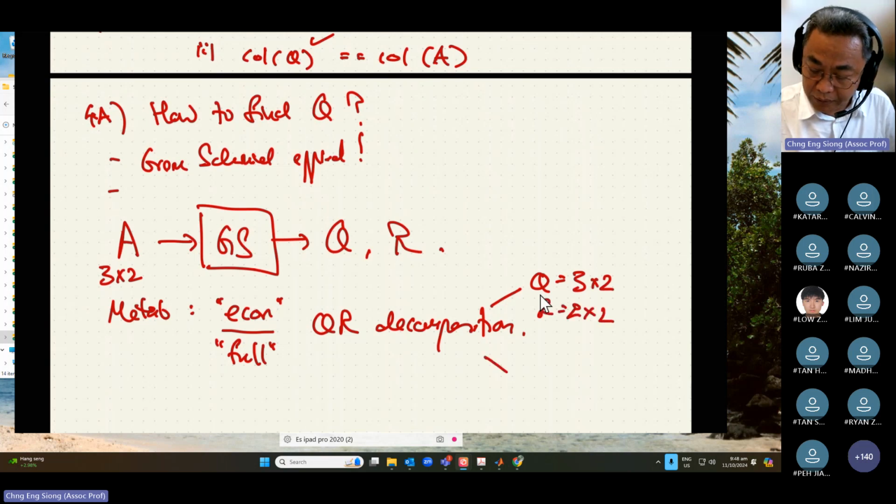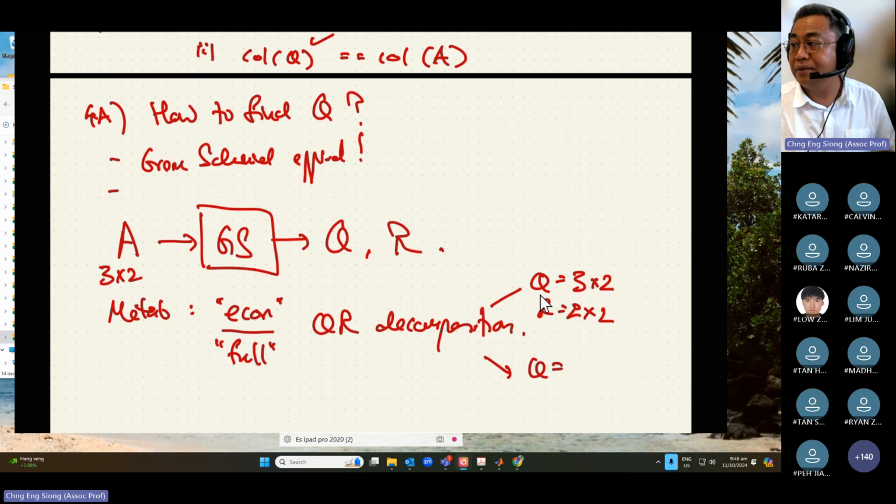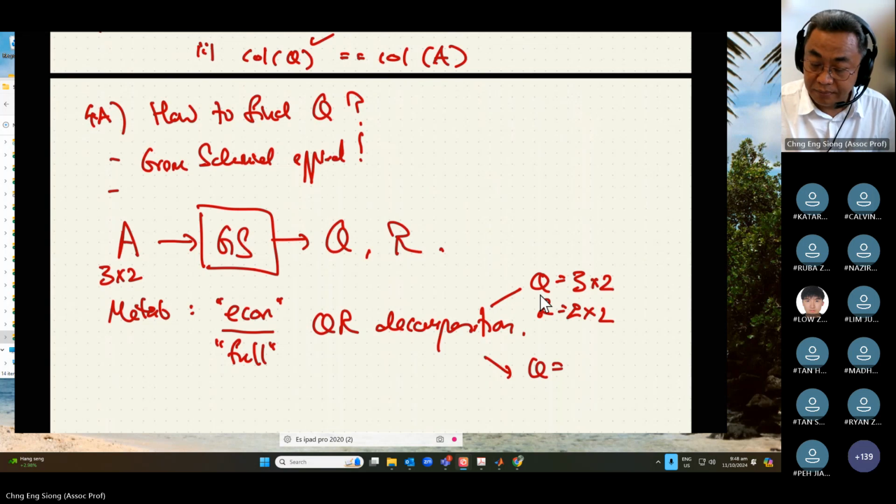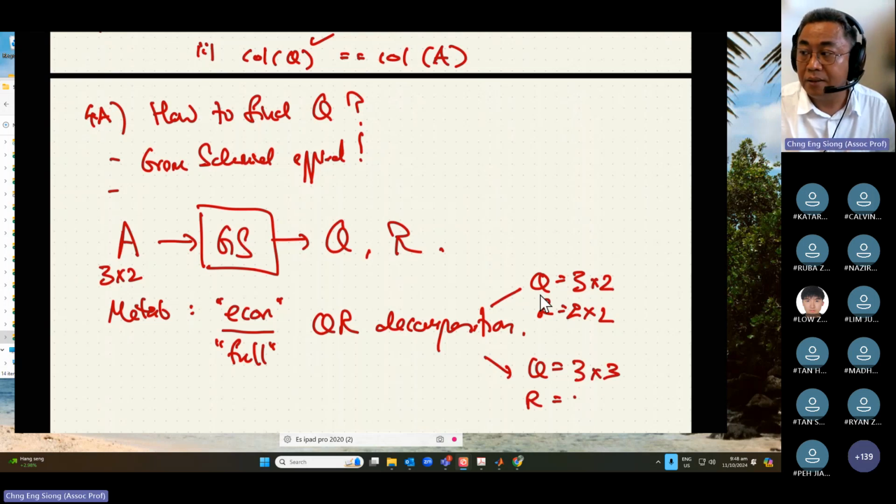For the full, Q is 3 by 3 and R is 3 by 2.